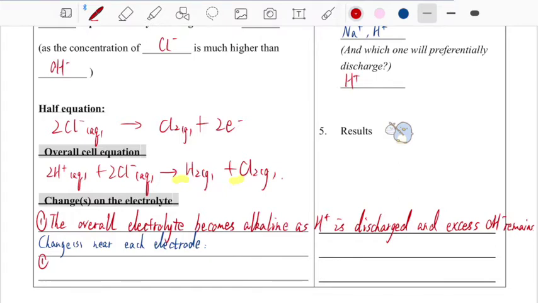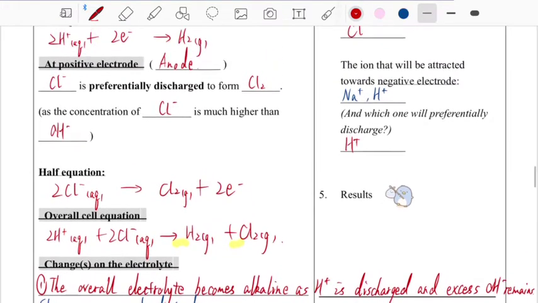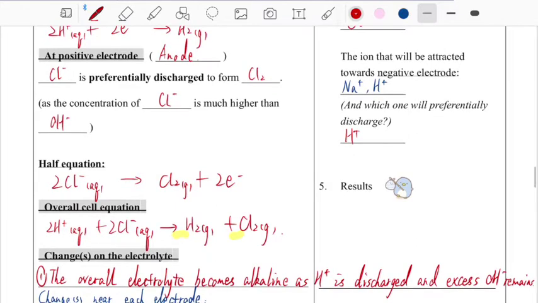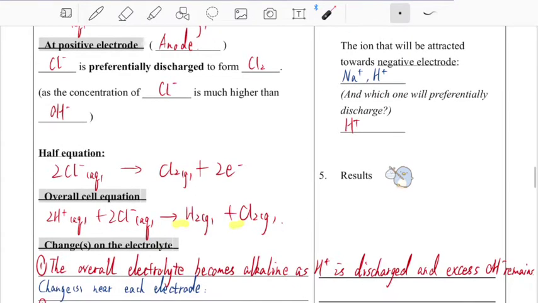So let's take a look at the positive electrode here. At the positive electrode, chloride ion is used and it generates chlorine gas. And a small amount of chlorine gas would dissolve in water and then form acid. So the pH around the positive electrode would decrease and become more acidic.